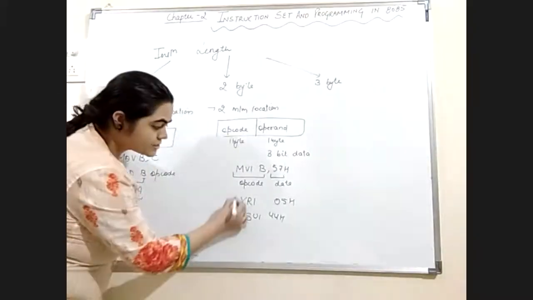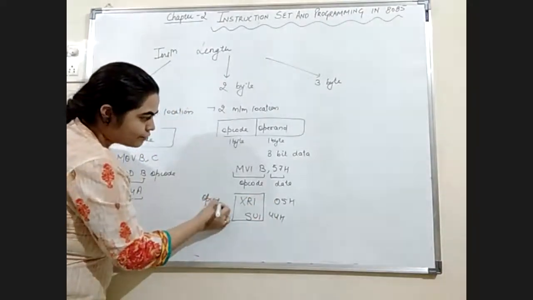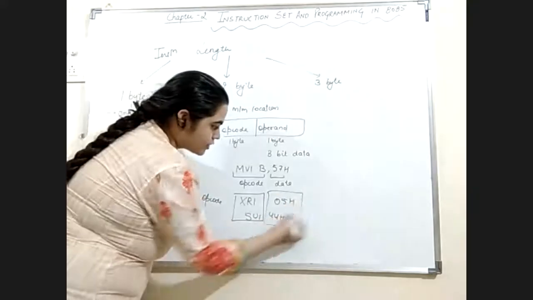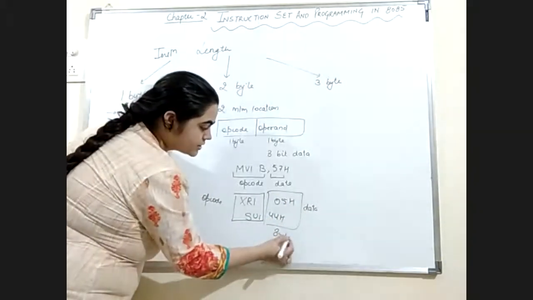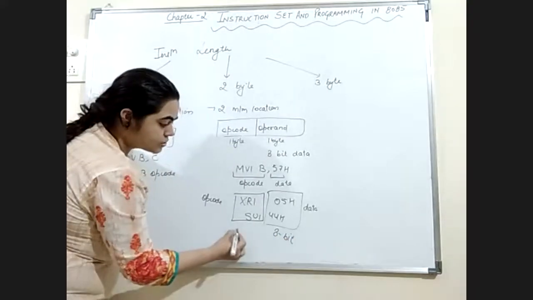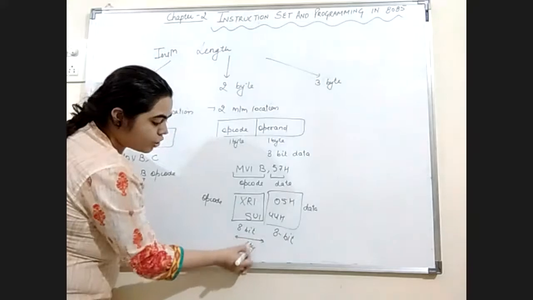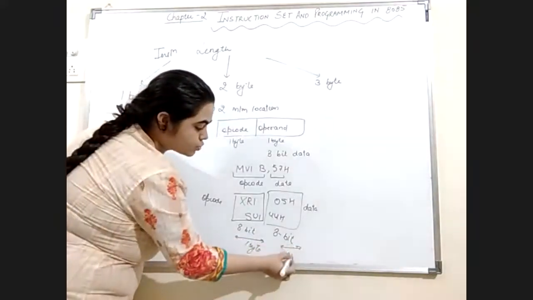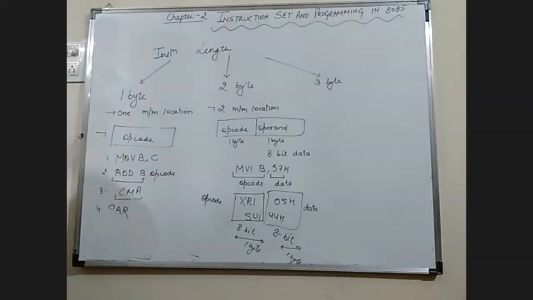So in these 2 examples, this is the opcode while 05 and 44 are the data. This data is 8-bit. That means 1 byte is used to store the opcode and 1 byte is used to store the operand. So this type of instruction comes under the 2-byte category.